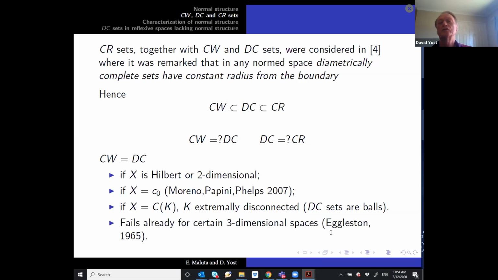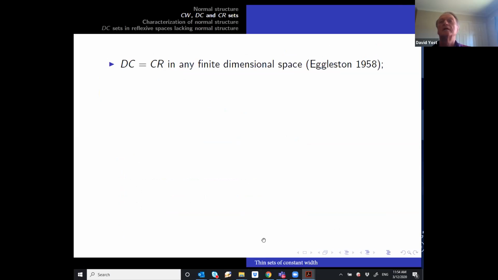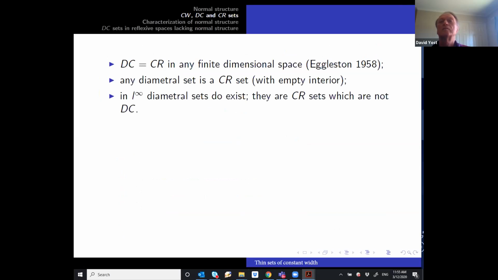And as we've seen, it's not true in three-dimensional spaces. In a finite dimensional space, diametrally complete and constant radius from the boundary are equivalent properties. In infinite dimensions, this is not true. In the sequence space L infinity, counterexamples are known.